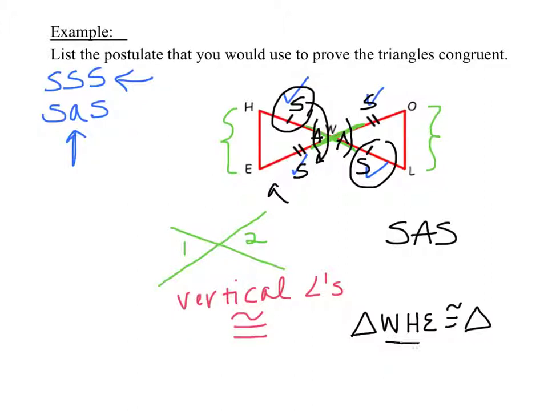So WH needs to be congruent to WL, and then I went from W to H to E. I need to go from W to L to O. And let's look. Is angle W congruent to itself? Yeah, they're in the same spot. And is WE congruent to its partner WO? Sure. So I have my triangle congruent statement written in the correct order.